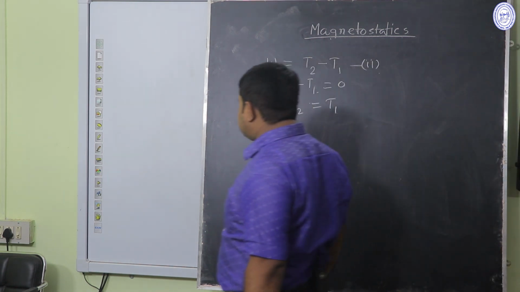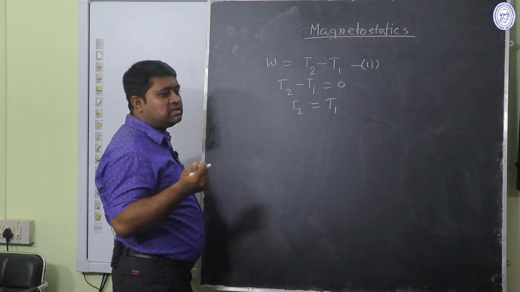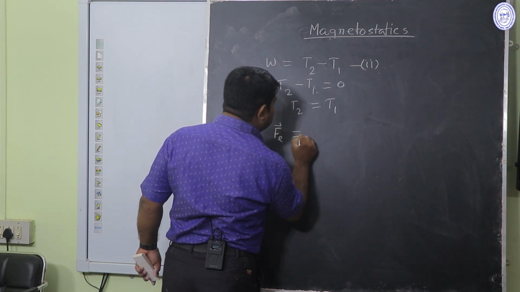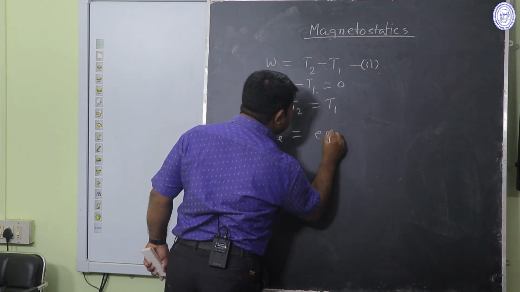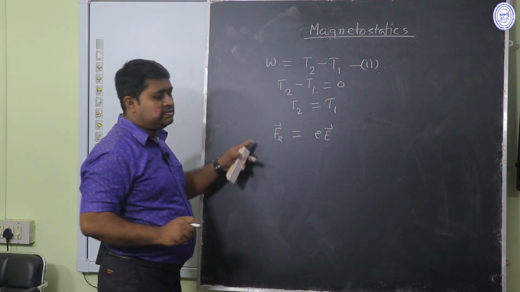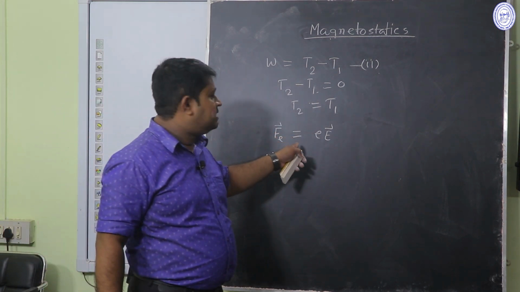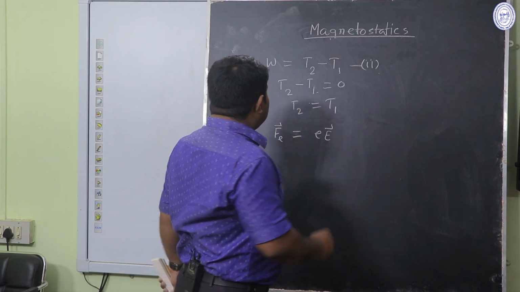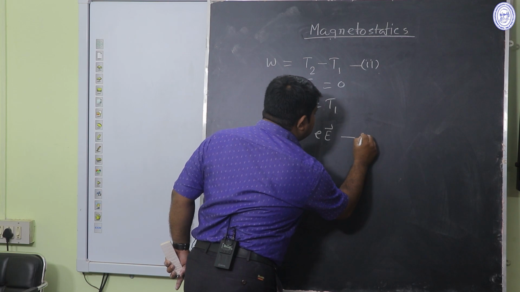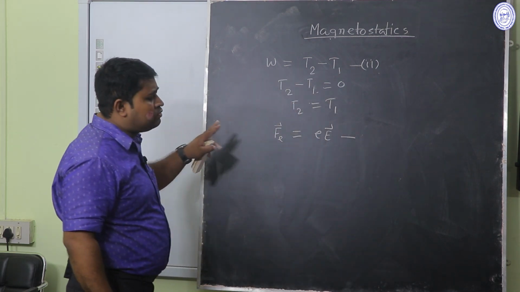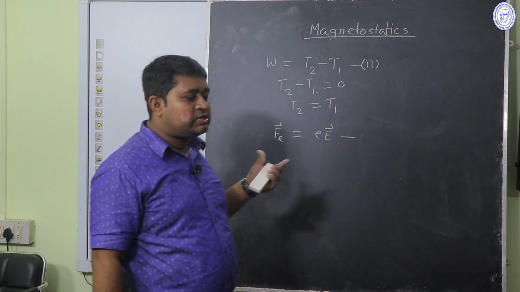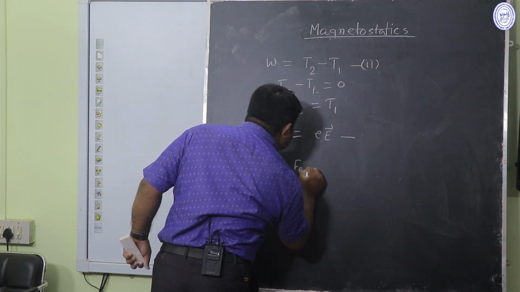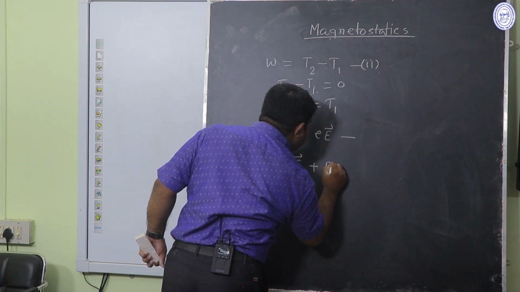In addition, in the presence of an external electric field, the force acting on the charged particle is F_e, equal to charge into electric field, qE. And so the total force acting on the charged particle due to the electromagnetic field is the force due to the electric field plus the force due to the magnetic field.